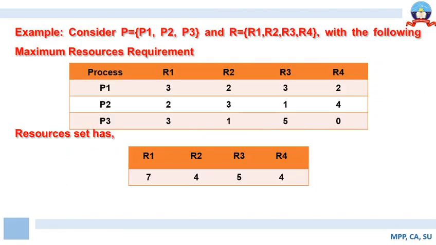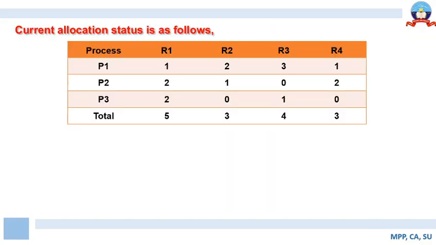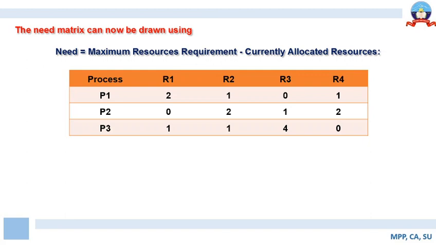So 3 minus 1 will be 2, for example. This is a very simple matrix that is formed after subtracting the current allocated resources from the maximum resource requirement. So this is the need matrix, the number of instances of resources the processes will currently need after allocation.